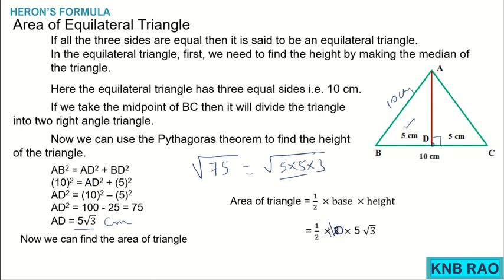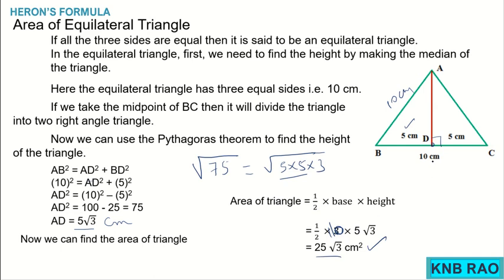So, half into 10 into 5 root 3, which becomes 5, two 5s are 10, so it cancels. So, 5 fives are 25, 25 root 3 centimeter square is the area of this equilateral triangle. Okay, we find it this way.